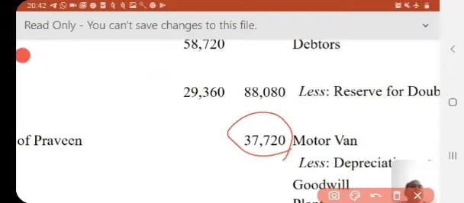See carefully: the capital account balance is transferred to Praveen's loan account, so that should be mentioned in the balance sheet.